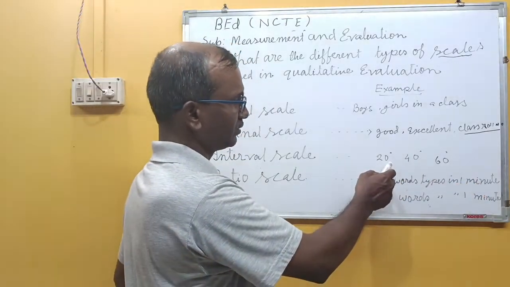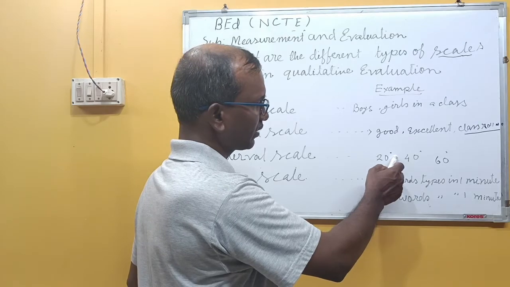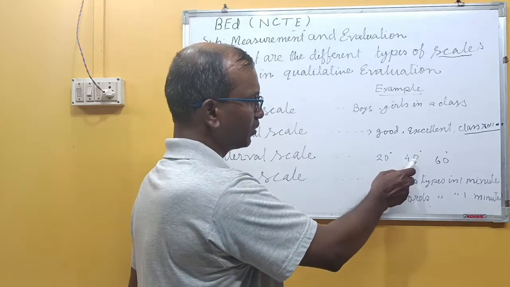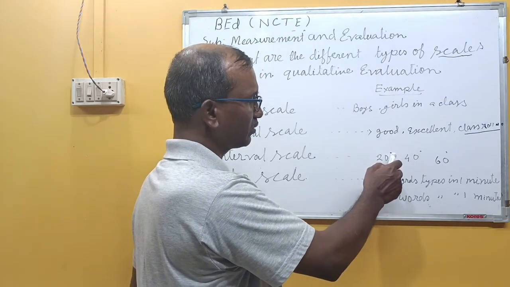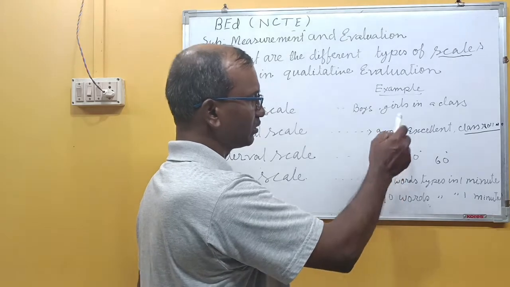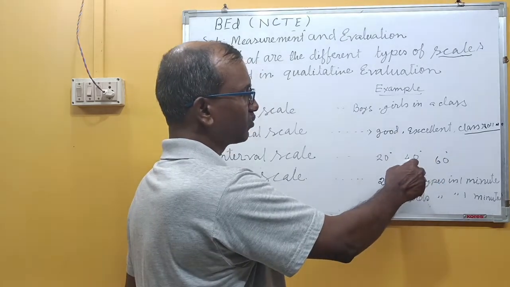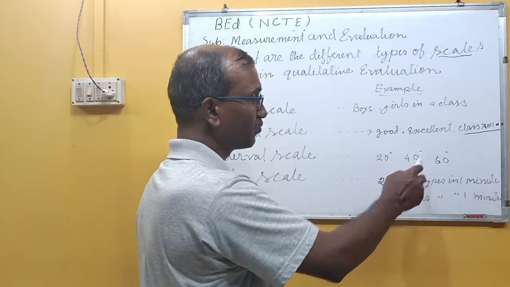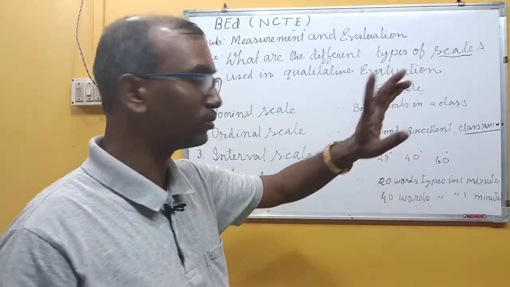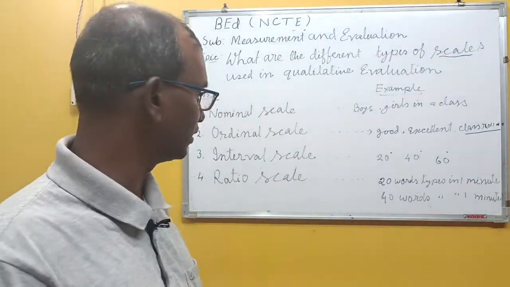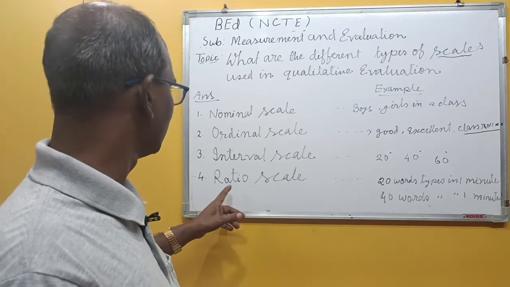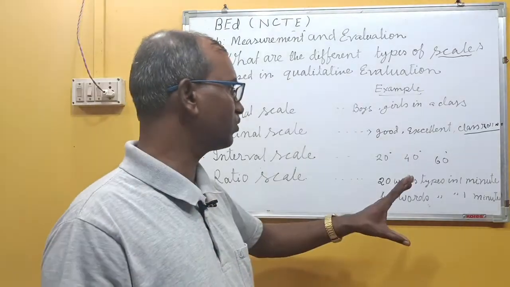So an interval is there. Here the gap is 20, 40 degree is 20 more than 20, 60 degree is 20 more than 40, like this. Interval is there. And finally, ratio scale is purely definite.